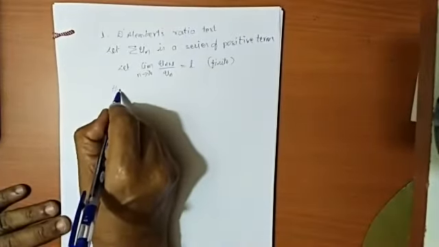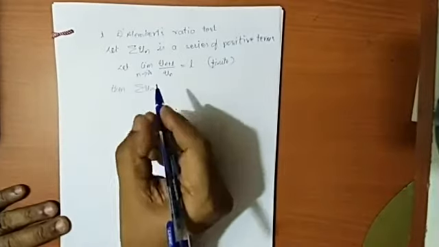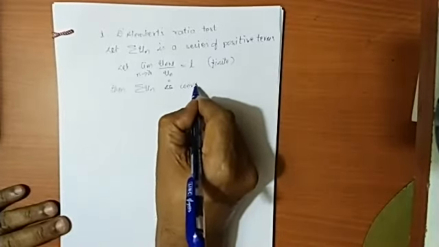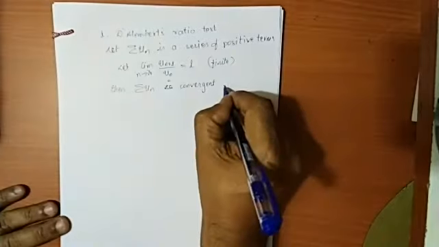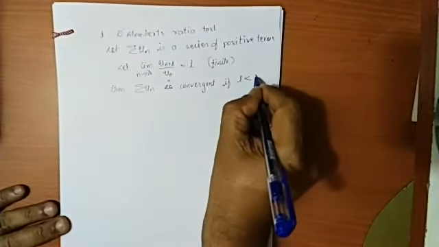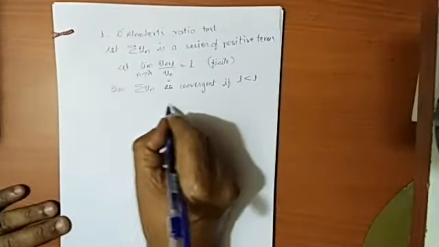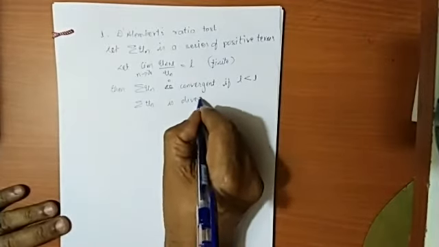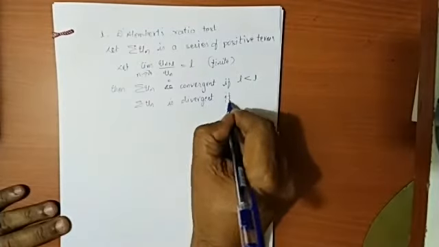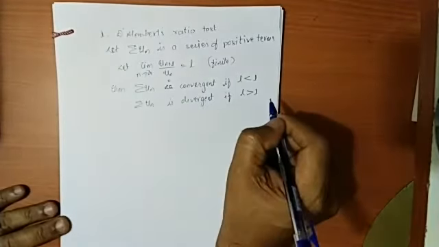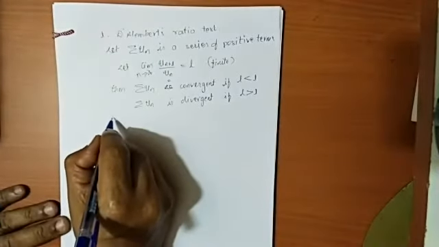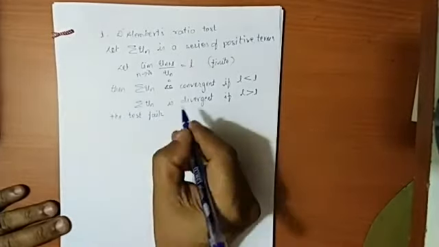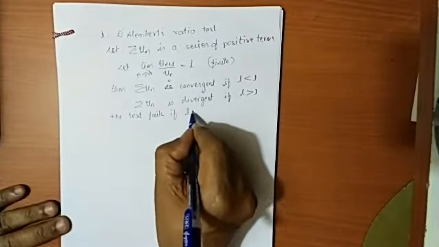Then sigma un is convergent if L is less than 1, divergent if L is greater than 1. The test fails if L is equal to 1.